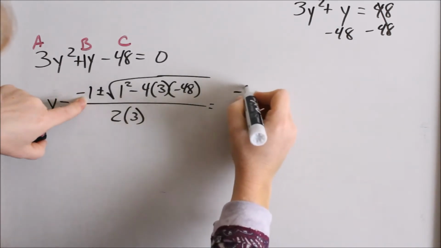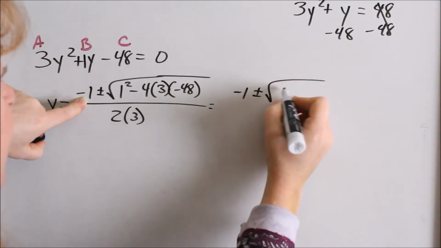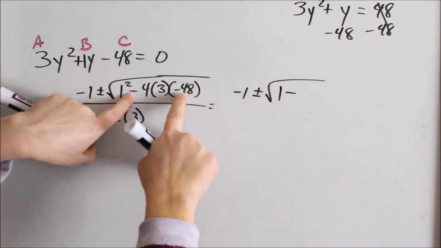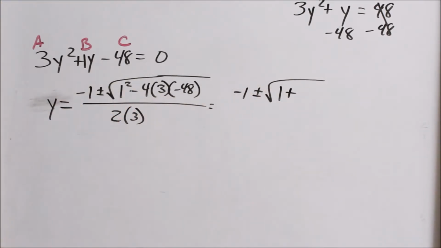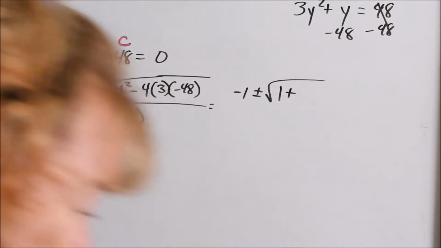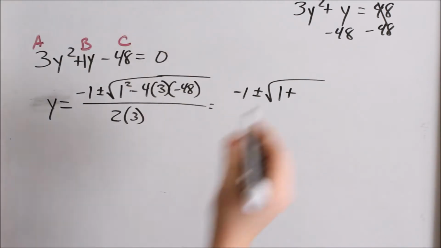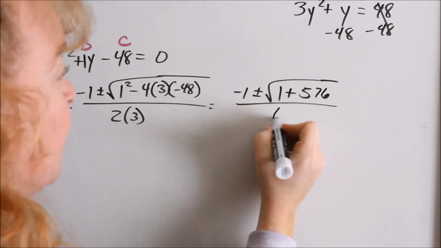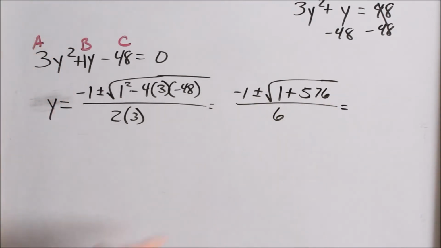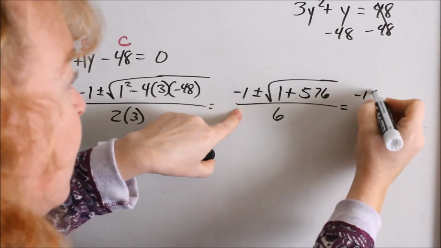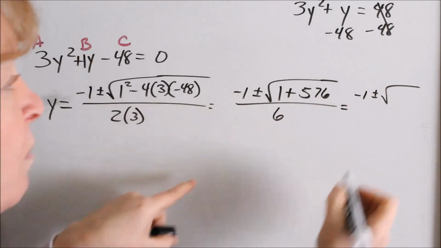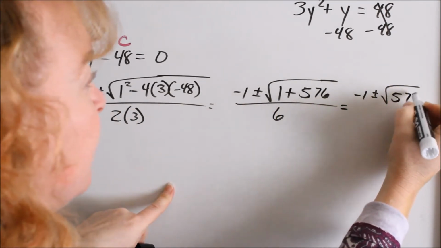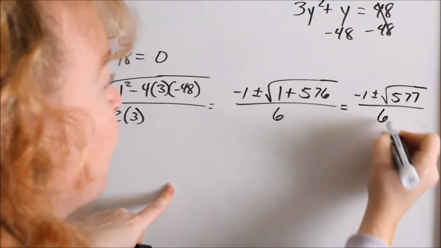Simplifying under the radical, negative 1 plus or minus the square root of 1 squared is 1, minus a negative, that will be a plus. 4 times 3 is 12, and 12 times 48 is 576, all over 2 times 3 is 6, so that's negative 1 plus or minus the square root of 1 plus 576, which is 577, all over 6.